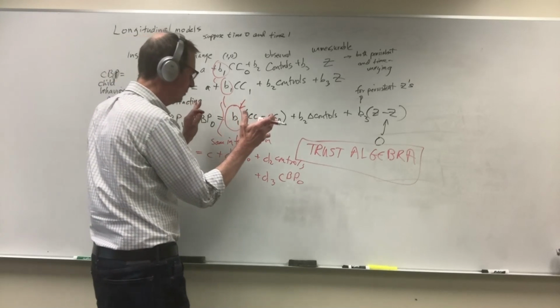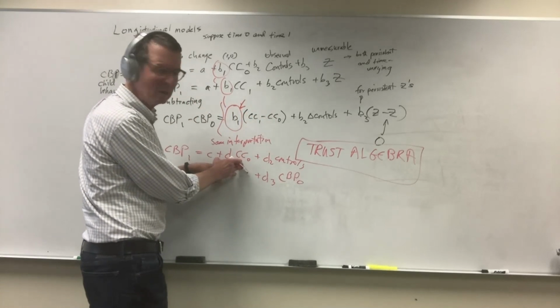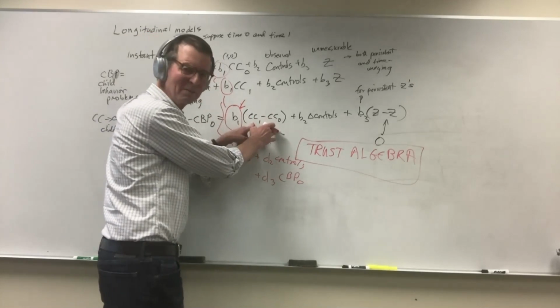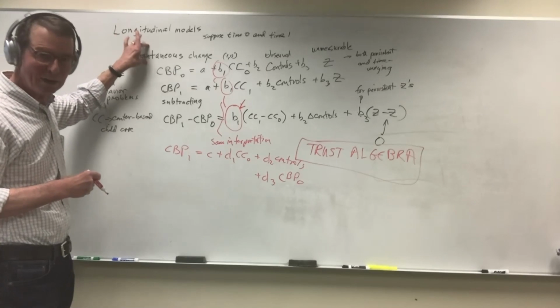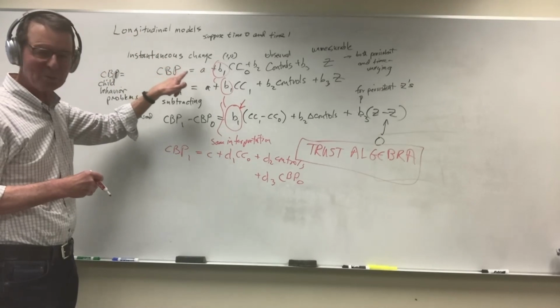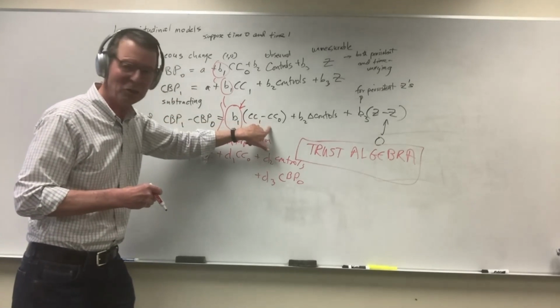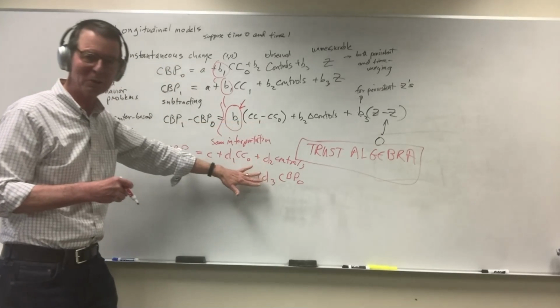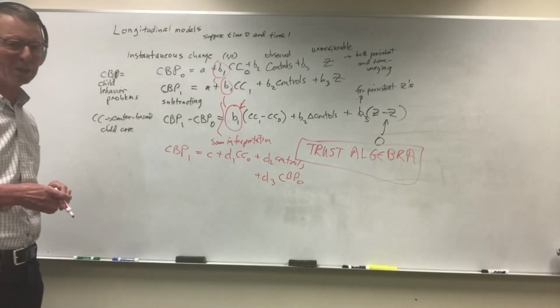And what the model says is that you shouldn't be putting in an initial level of childcare. You should be putting in the change. If you really think there's an instantaneous change process governing the relationship between childcare and behavior problems, then you want change on change. You don't want a residualized change model. You don't want a growth model, as we'll talk about.